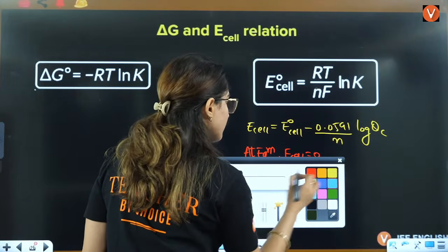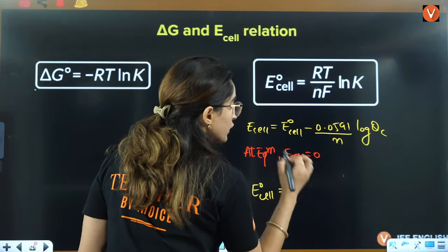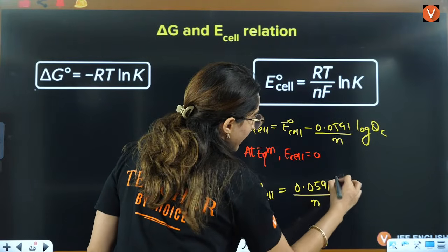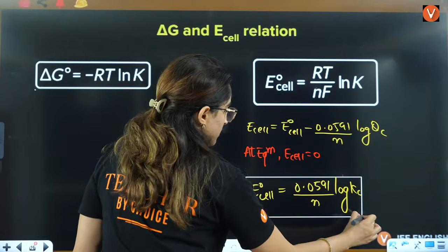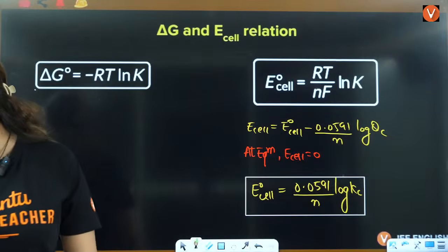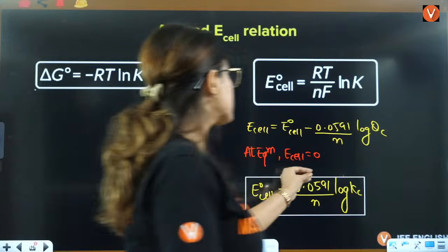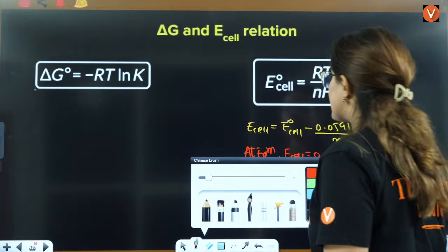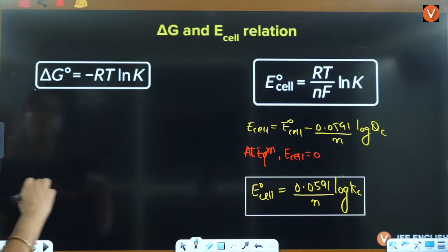So the answer will be E naught cell equals 0.0591 divided by n log of Kc. Okay, got it everybody? Tell me, E naught cell equals 0.0591 divided by n log of Kc. That is going to be the correct answer here. Do let me know if that is clear to all of you.